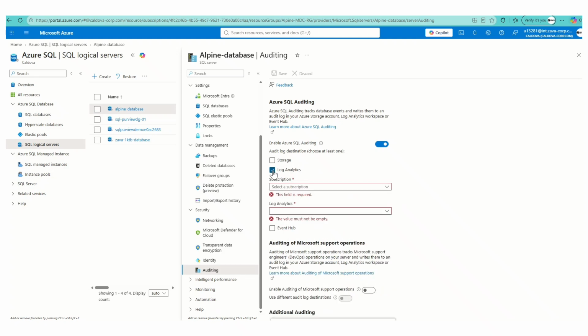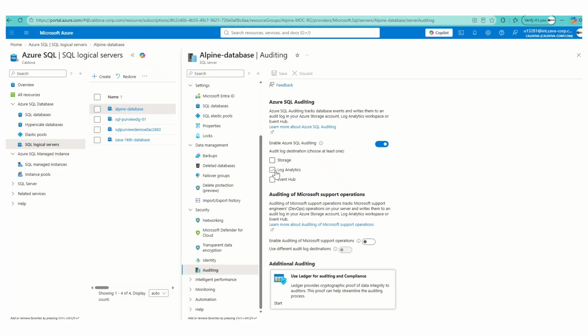Normally the server level is preferred in some of the questions, because you don't have to individually go into all the databases. So important to do that. With that, we conclude this video on auditing for databases.